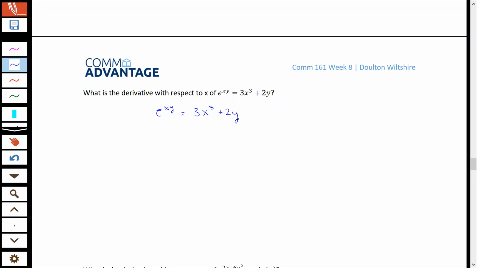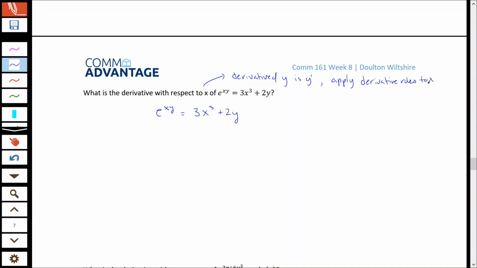So when we go to take the derivative, again, remembering that when it asks us to take the derivative with respect to x, all this is telling us is that the derivative of y is y prime, and that we're going to apply the derivative rules to x.